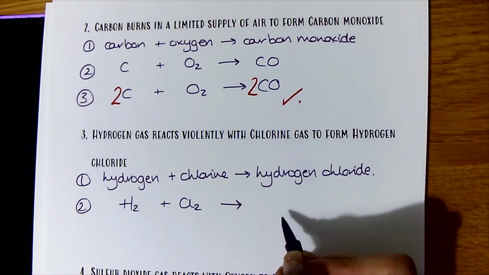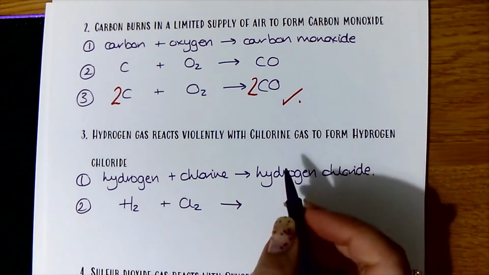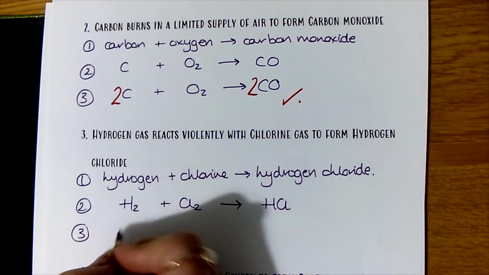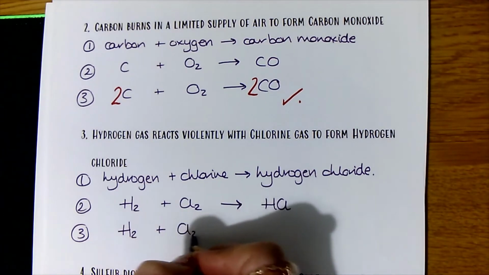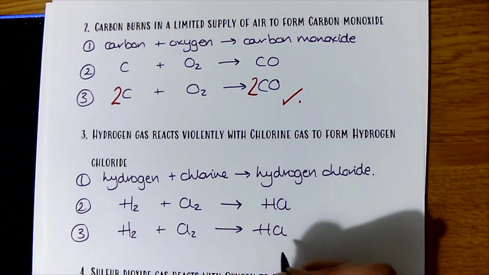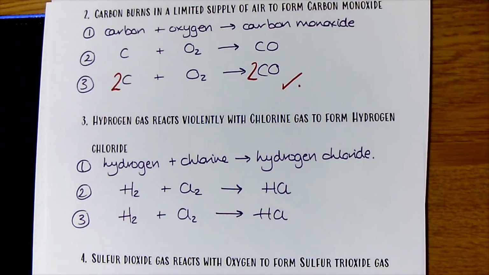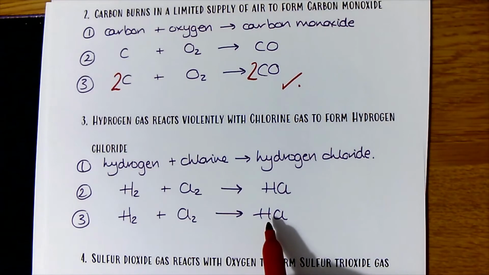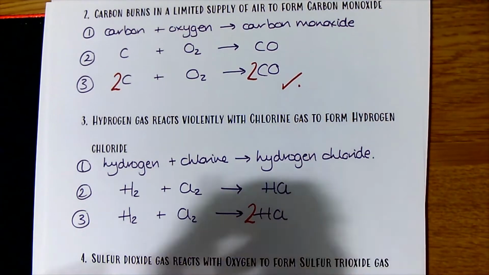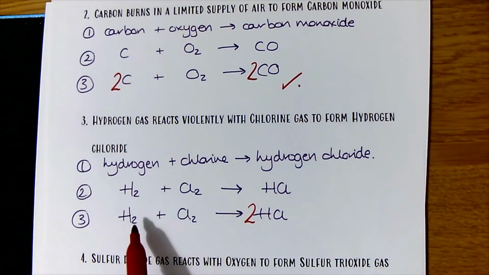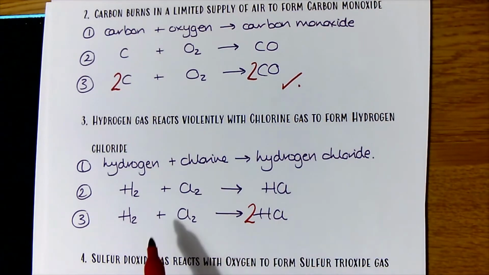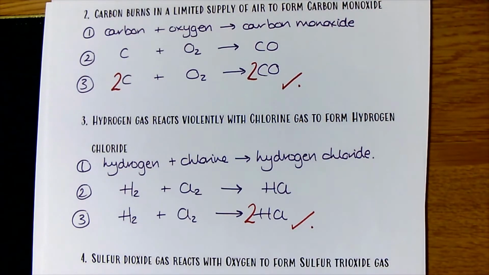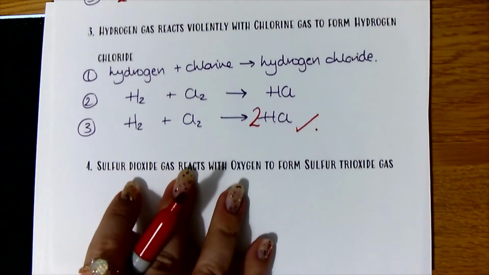Hydrogen chloride, you can work out the formula for this using the valency rules. And step 3, let's work on balancing this. So here we can see we have 2 hydrogens. On this side we only have 1, so we must put a big 2 at the beginning. Let's go back and check. 2 hydrogens and 2 hydrogens, balanced. 2 chlorines and 2 chlorines, balanced. So this formula equation is now completely balanced.